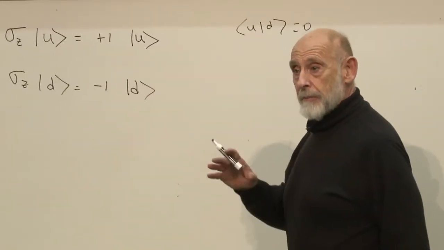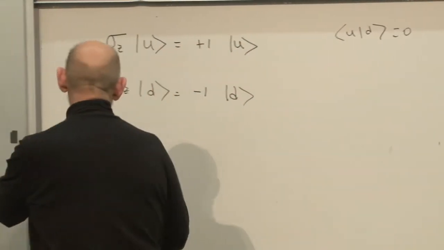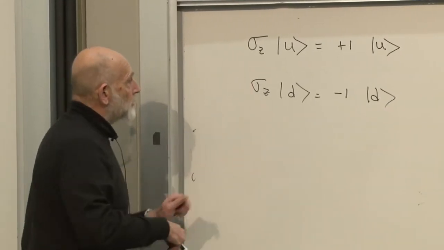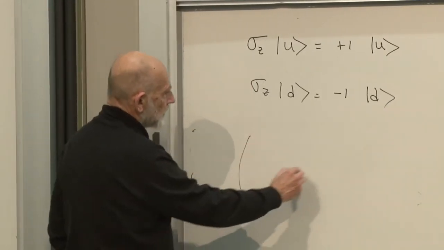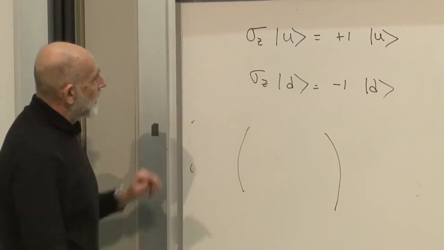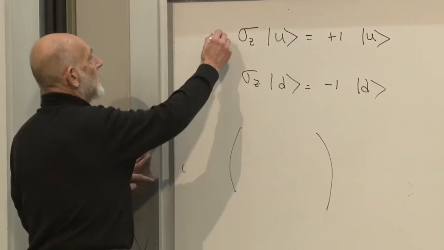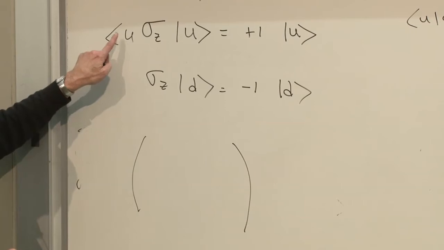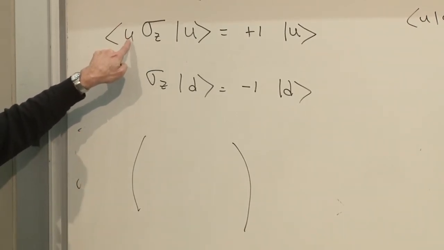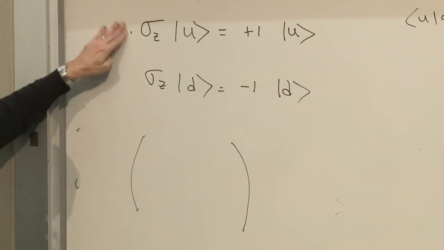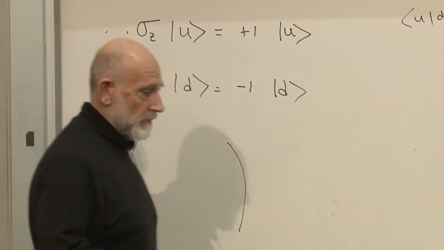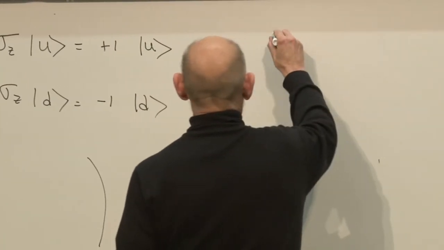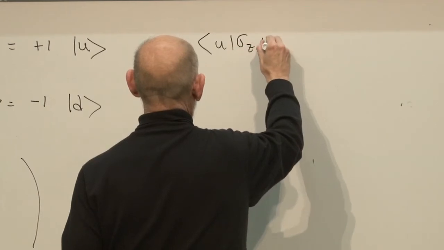Let's see if we can compute the matrix elements. The matrix elements are just the array that we get when we consider the four possibilities. They're going to be 2 by 2 matrices. First, we take the inner product of this back with up. That'll be the up-up matrix element, or the 1-1 matrix element. What is that going to be? Let's calculate up, sigma z up.